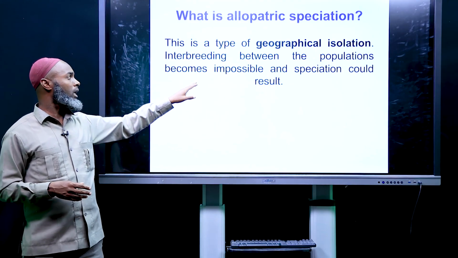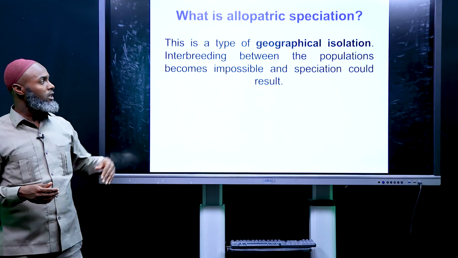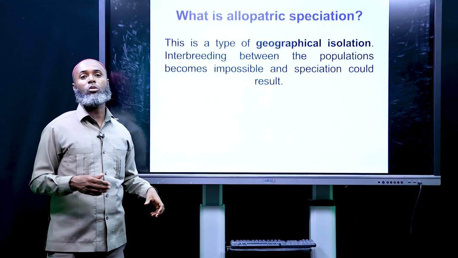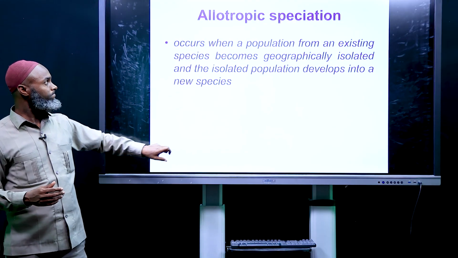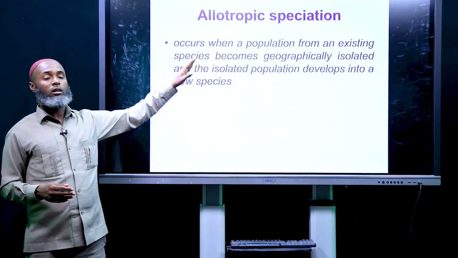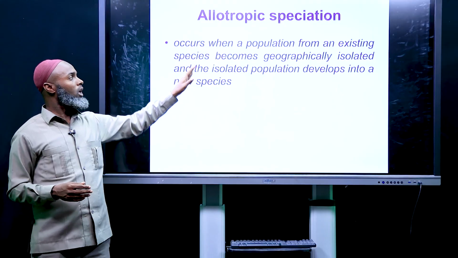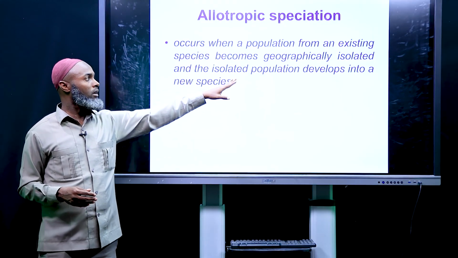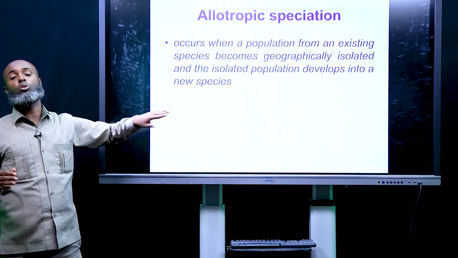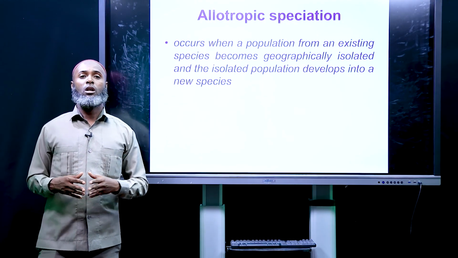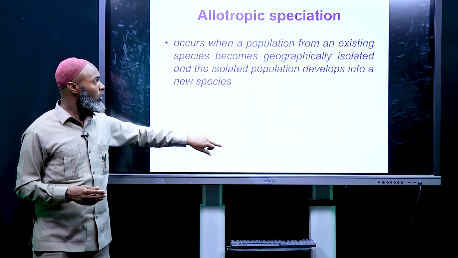Interbreeding between the populations becomes impossible because of this geographical boundary, and new species could result because of this isolation. Allopatric speciation could occur when a population from an existing species becomes geographically isolated, and the isolated population develops into a new species.